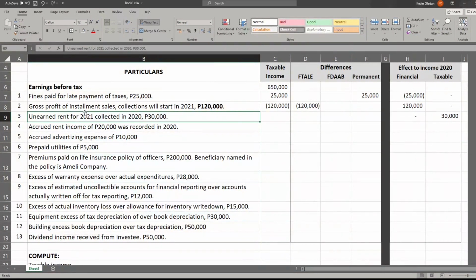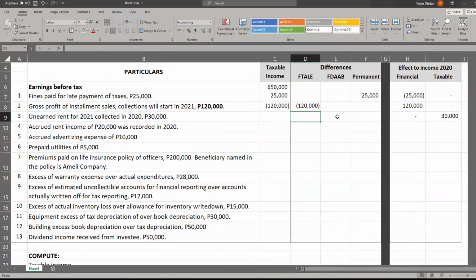That's a temporary difference. The recognition of income is merely a matter of timing. Pero, the problem now is it a future taxable amount or a future deductible amount? Between the two, ito po ang kailangan mo tandaan. Deciding whether future taxable amount or future deductible amount, we have two ways of doing that.